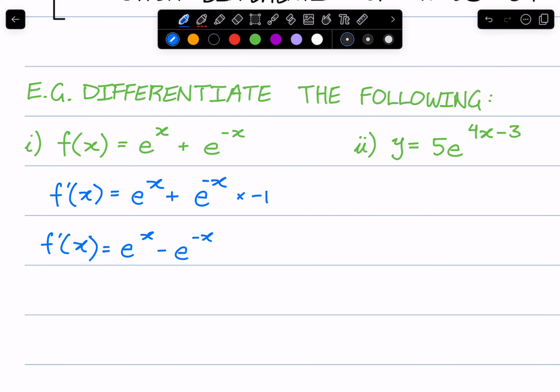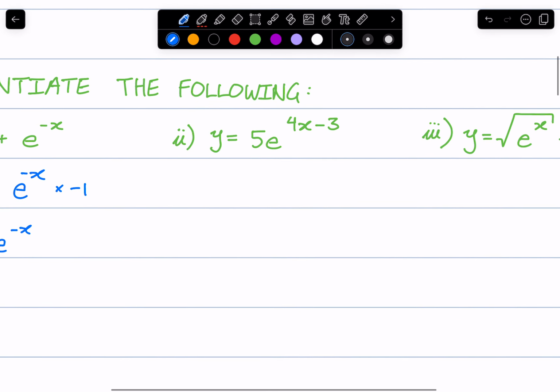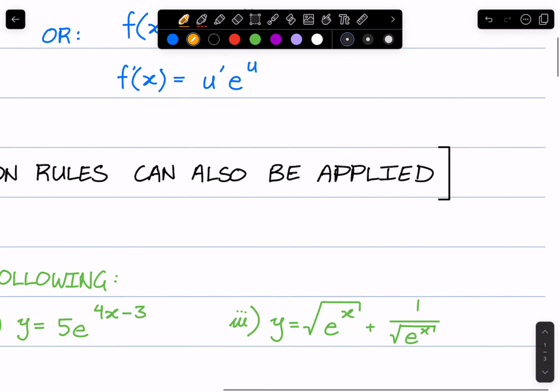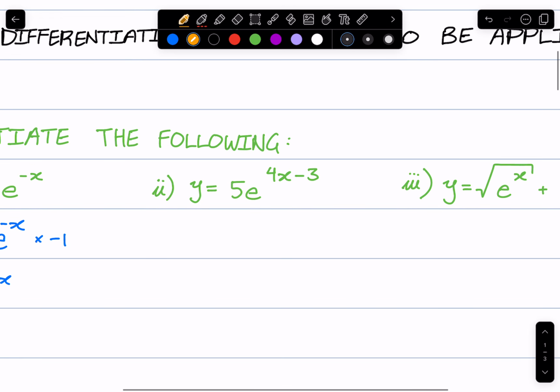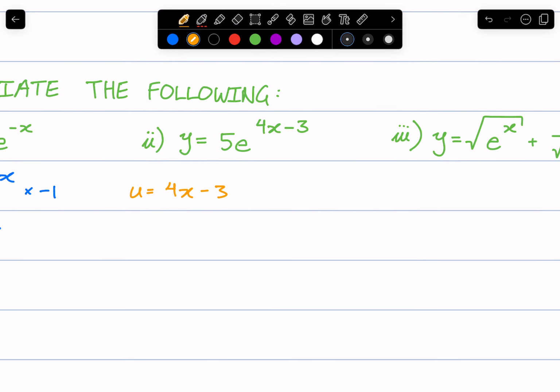Okay, so let's do this again. Now, here's the first demonstration of where you can use the notation of e to the power of u. So as we can see here, u is 4x minus 3. The derivative of this, u prime, is just going to be 4.